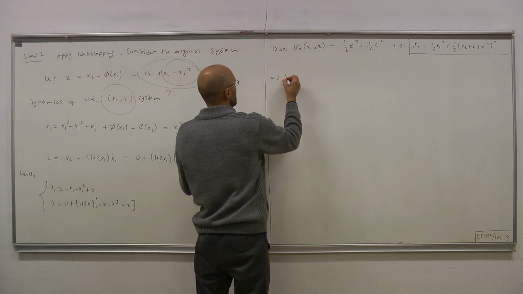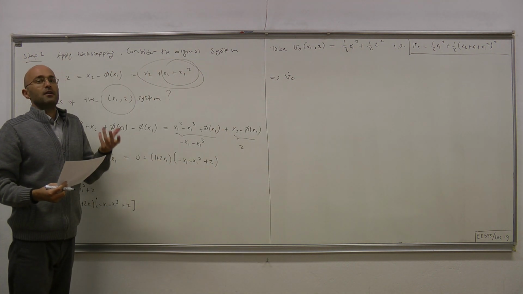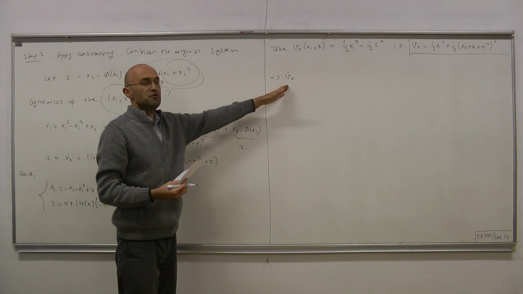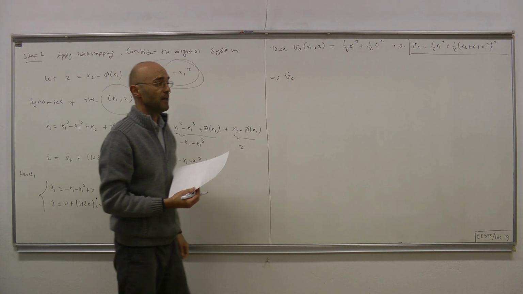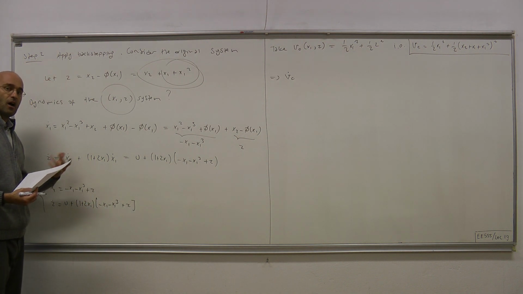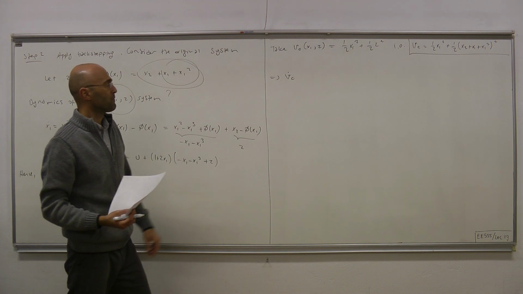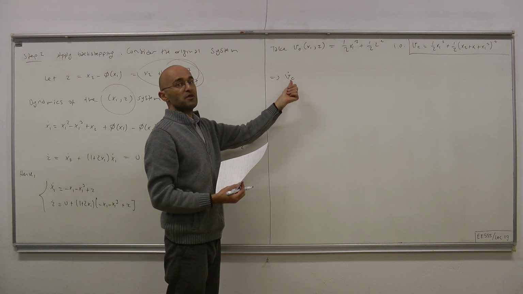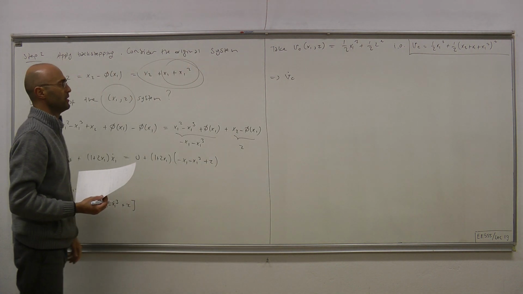Now, how about Vc dot? The question is, is Vc dot positive definite, or is it negative definite? Well, Vc dot depends on u, and u is our design variable, our control variable, so we can choose u whatever we like. What we want is to choose such a u that renders Vc dot negative definite.